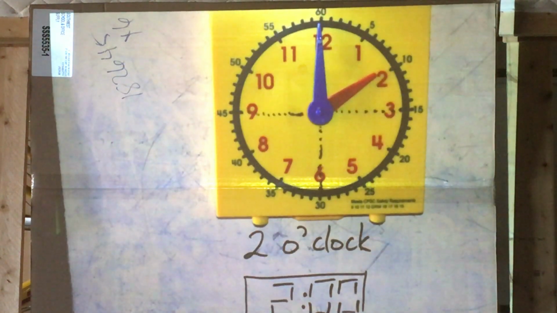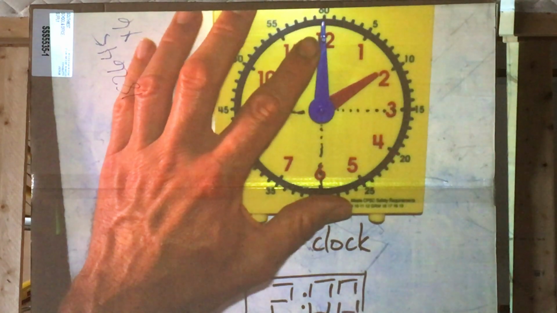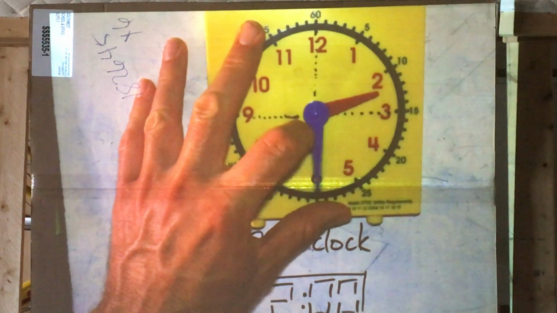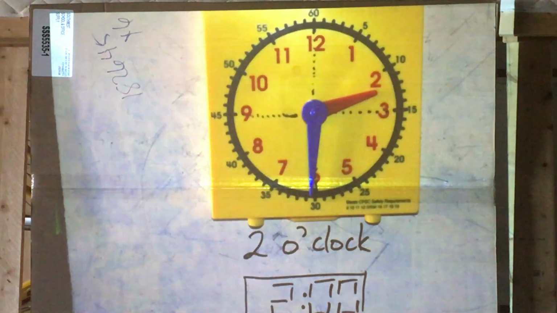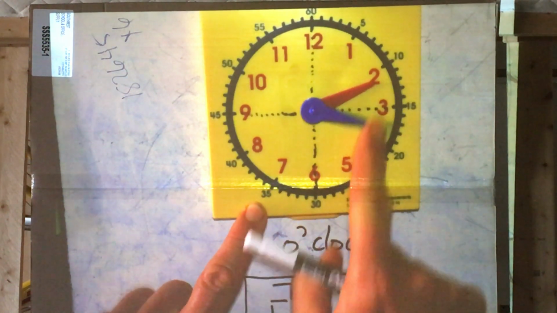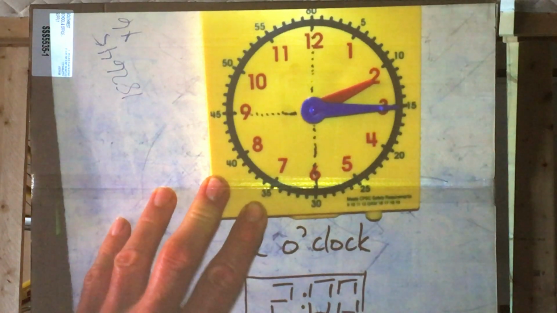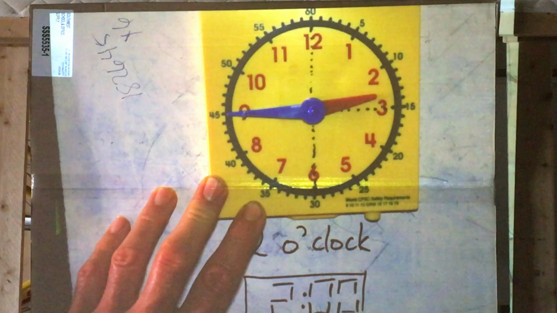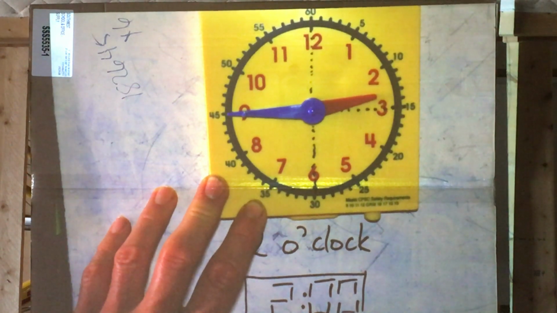Hopefully so. Now, what we talk about now is this. Obviously, we know that this is 2:30, if we were going to write the digital clock. And we're now going to learn to tell the time when the minute hand is there and the minute hand is there, on the quarters.